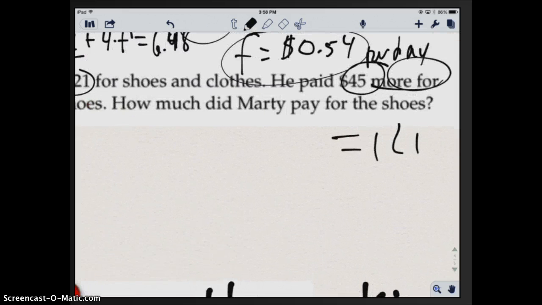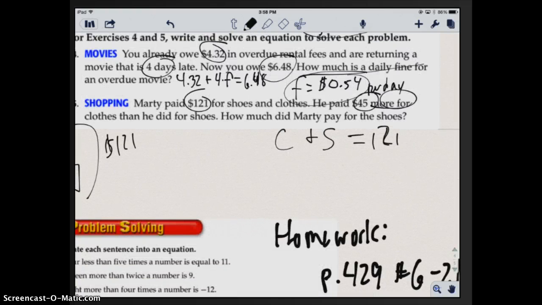So he bought clothes and shoes, and they equaled $121. We can't have two variables, we can only have one. That's why they tell us there's $45 more for clothes than shoes. So clothes, it's the shoe amount plus $45, and then plus the actual shoes equals 121.